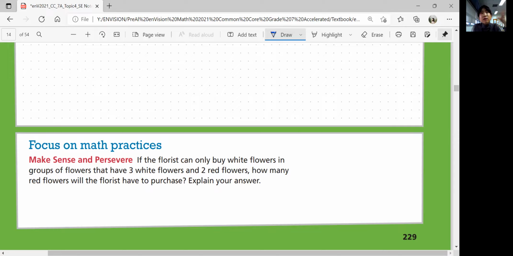But when she buys flowers in order to make arrangements, she can only buy 3 white flowers and 2 red flowers together. So you're going to find a ratio that's equivalent to 3 over 2 that has 30 as the first term, and the number of red flowers will be the second term in the equivalent ratio.